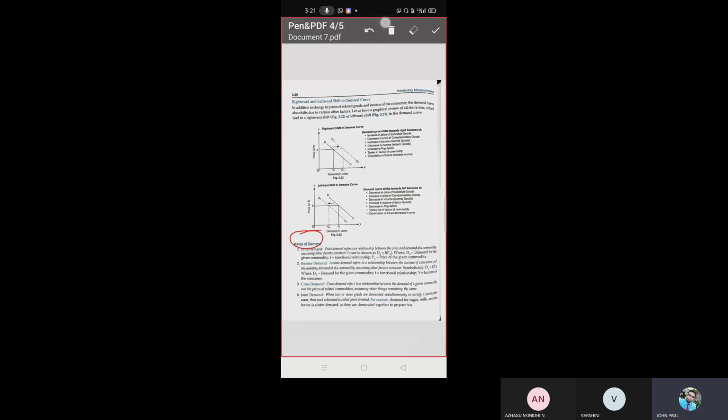Okay. So before that, we will discuss kinds of demand. What are the types of demand? The first one is price demand. What is price demand? When the price of tomato increases, what will happen? The demand, or the consumption requirement, will decrease.